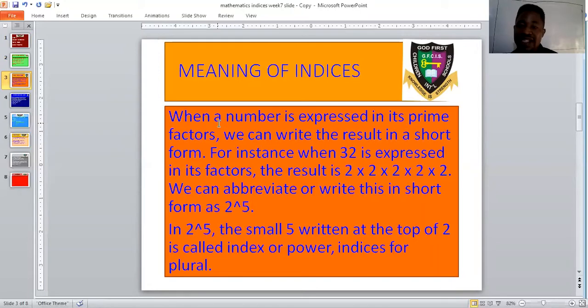All right, indices is plural, index is singular. Now, let me quickly show you what I'm trying to say here. I said when we have expressed a number in its prime factors, and if I express that number in the simplest form or in the short form, that number has been written in index form.